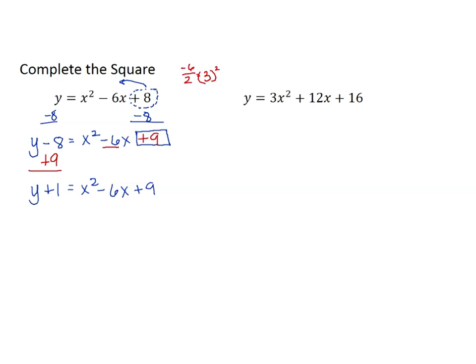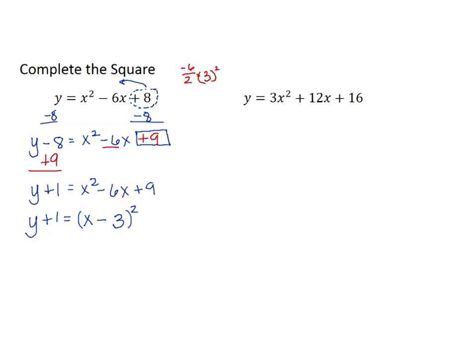Now I can take this perfect square trinomial and I can write it as a binomial to the second power. I would take the square root of the first term and get x, take the square root of the last term and get 3, take the sign of the middle term and it's a minus sign.